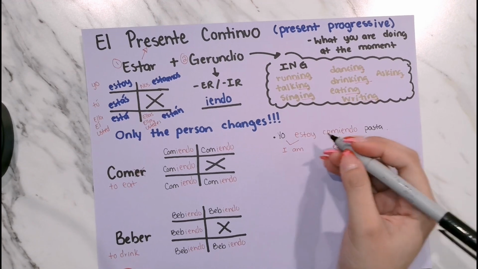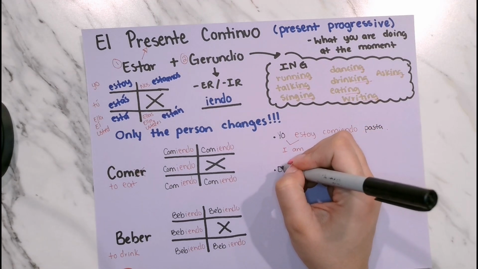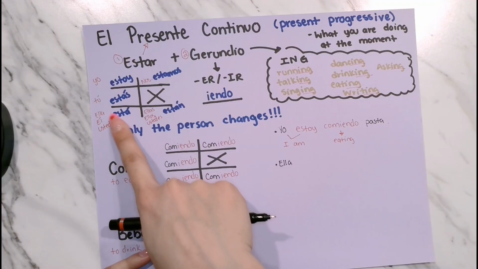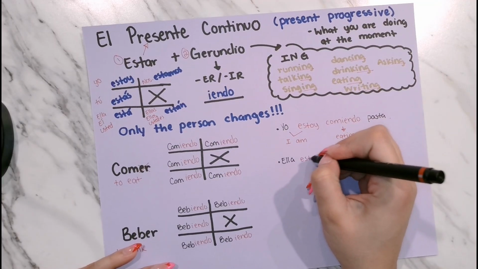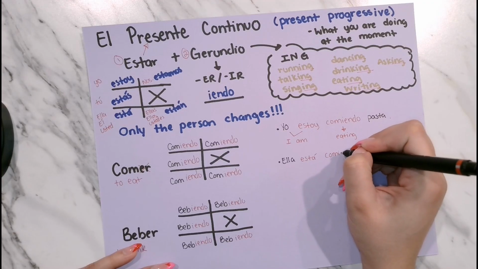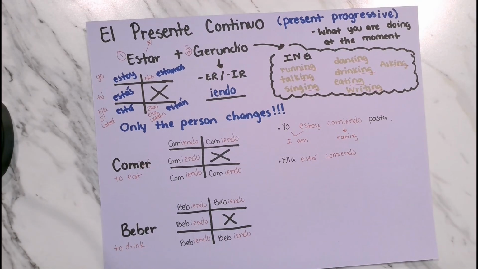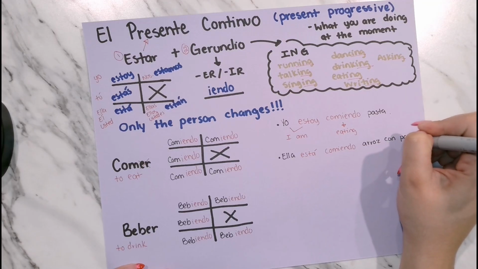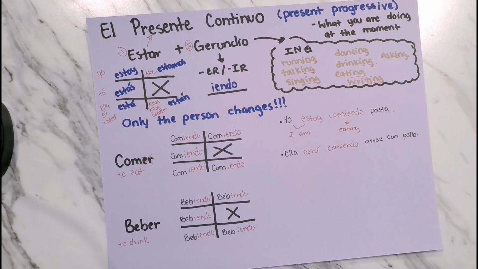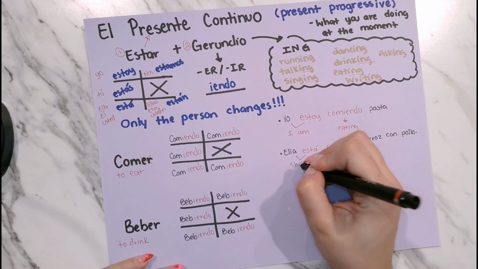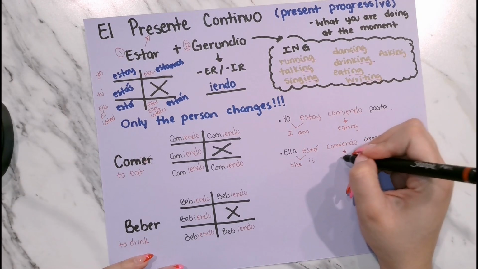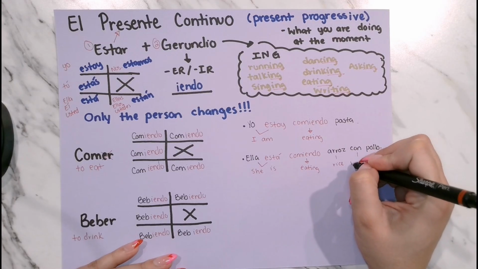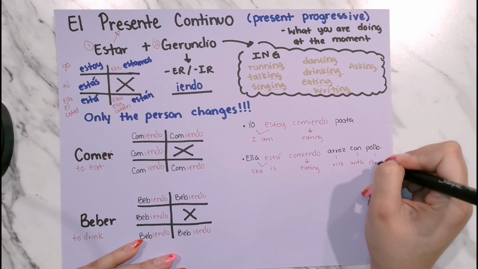Now let's say ella. Ella. Now the estar is the only one that changes, so we're going to look at está comiendo arroz con pollo. Okay? She is eating rice with chicken.